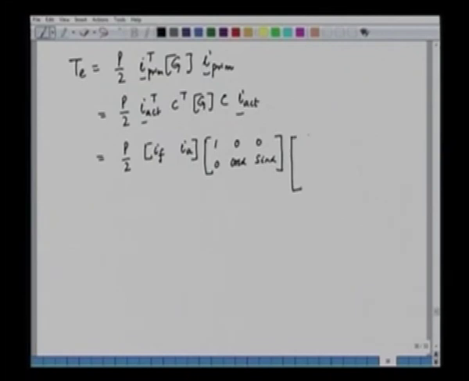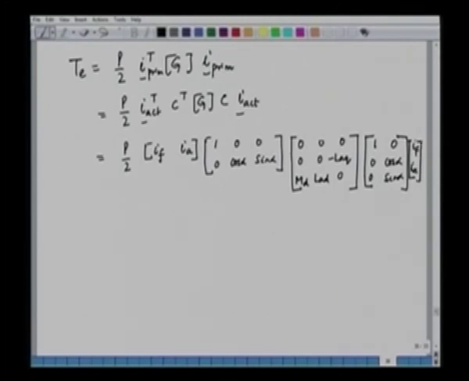So we can find out this G matrix from the primitive machine equation, that is 0 0 and 0 0, 0 minus LAQ, MD LAD 0, and then we will post multiply with C. The C is 1 0, 0 cos alpha 0 sin alpha, and then we have I actual is IF IA.